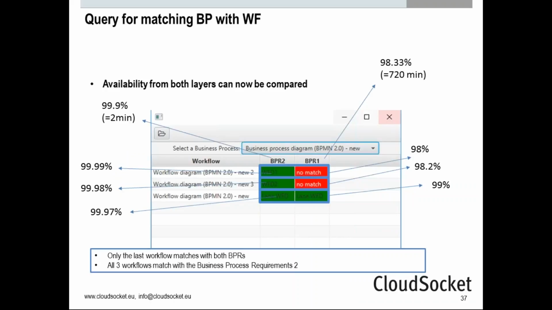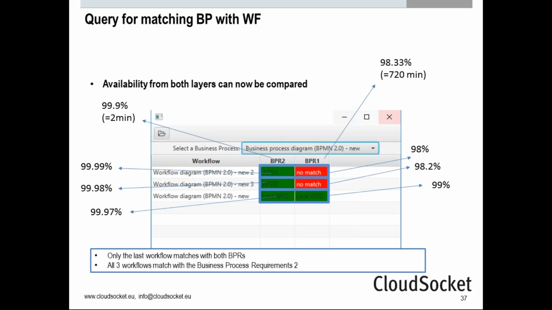With this value we now look at the workflow definitions and workflow descriptions, and we identify those workflows that match the requirements. In this example, only the last workflow matches the requirements of both business process requirements, and all 3 workflows match the requirements of the second business process requirement too.